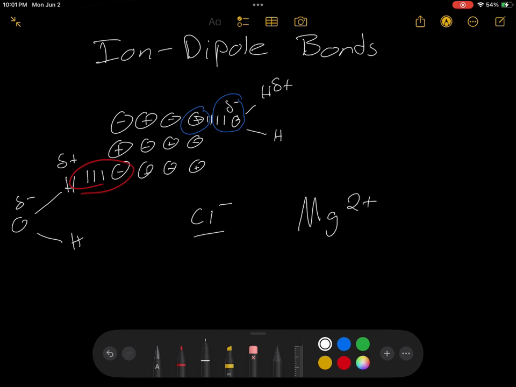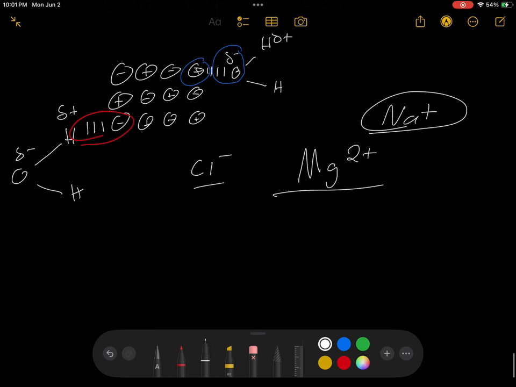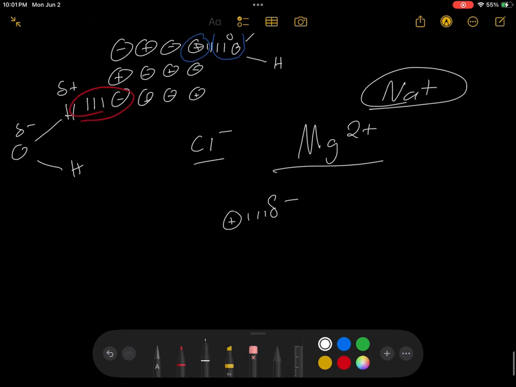And as we saw earlier, this 2+ from magnesium is going to have a greater charge density than sodium, right? And that greater charge density will create a greater attraction to that negative dipole. And as we saw with delta H lattice, that greater attraction means a more exothermic delta H value. So that's my understanding of where that more exothermic value comes from.